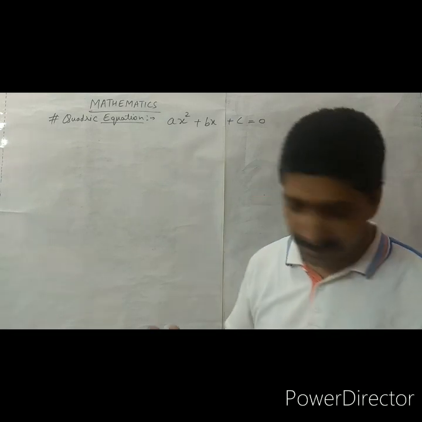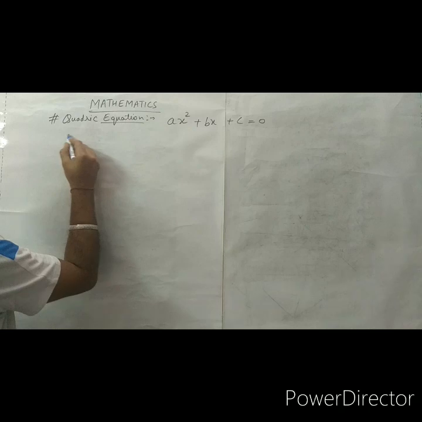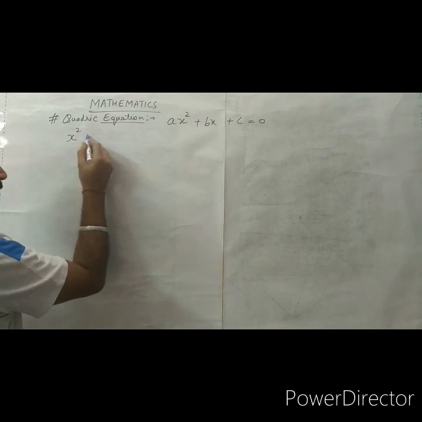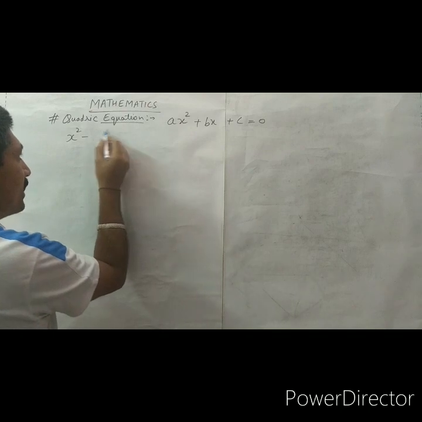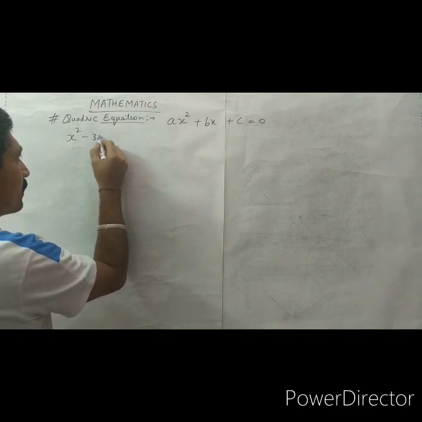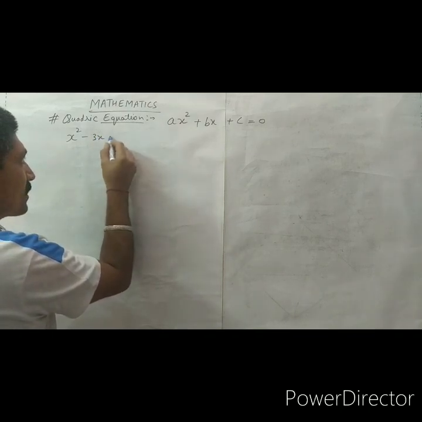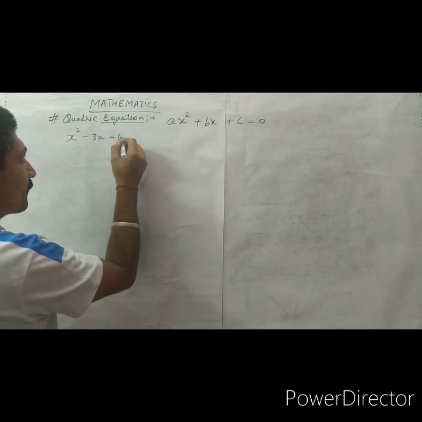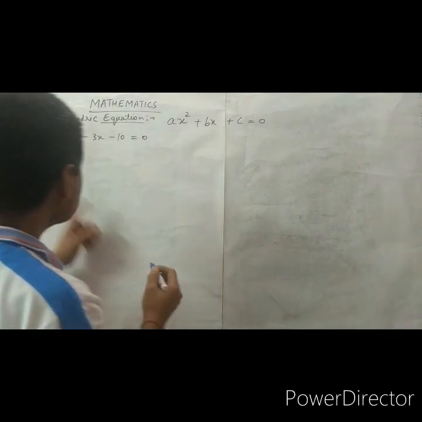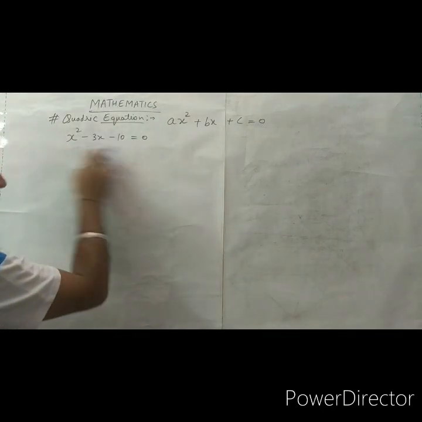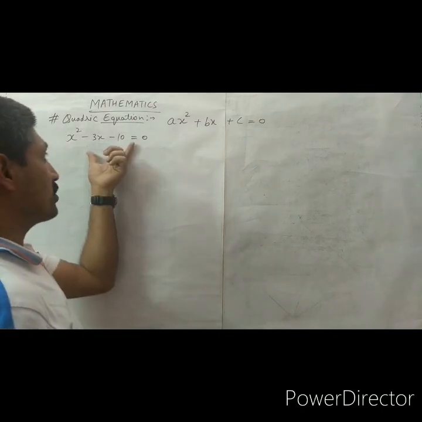So if we have a quadratic equation like x square minus 3x minus 10 is equal to 0, let's start here with the factorization method.